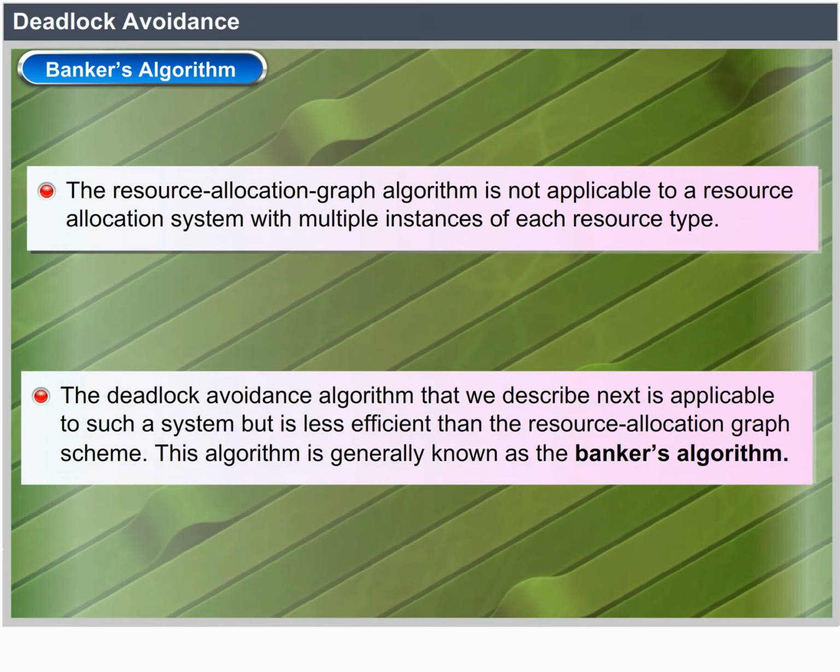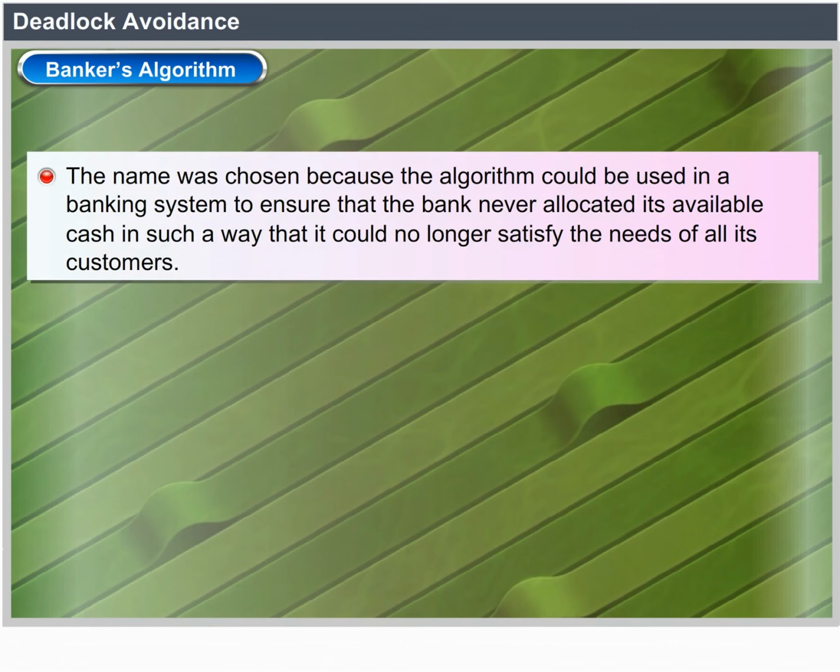This algorithm is commonly known as the banker's algorithm. The name was chosen because the algorithm could be used in a banking system to ensure that the banker never allocated its available cash in such a way that it could no longer satisfy the needs of all its customers.